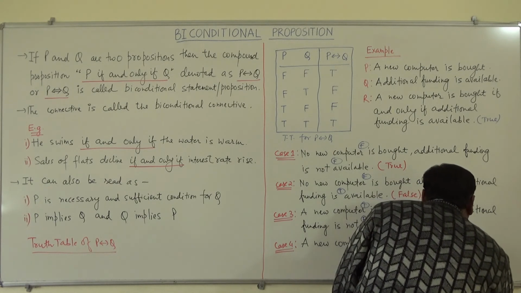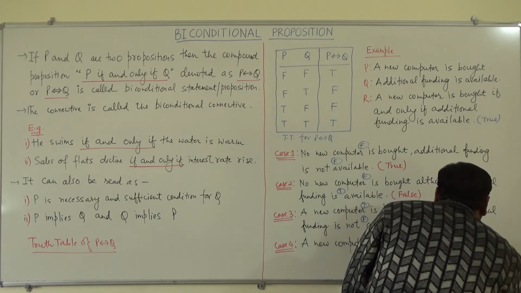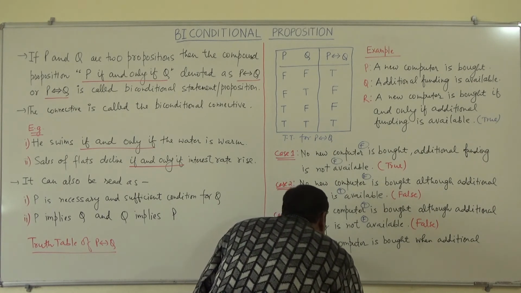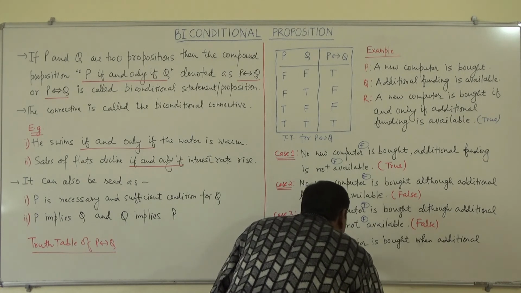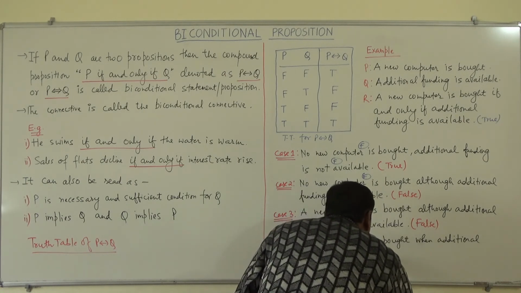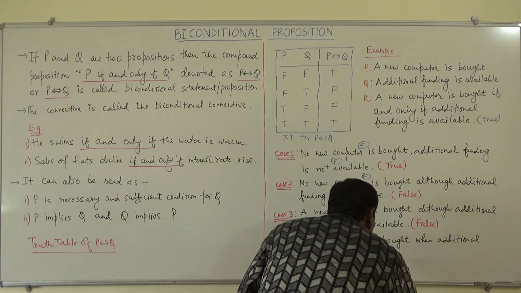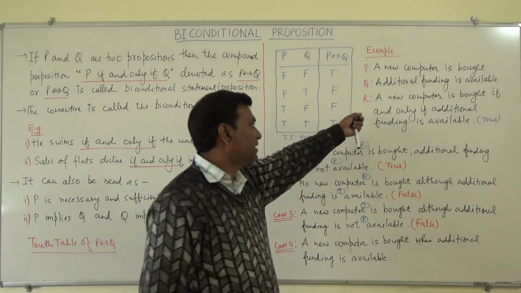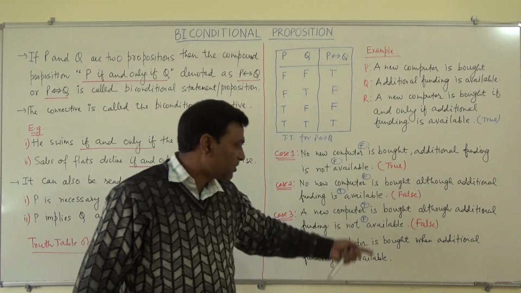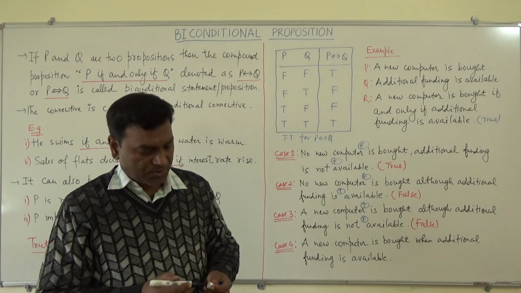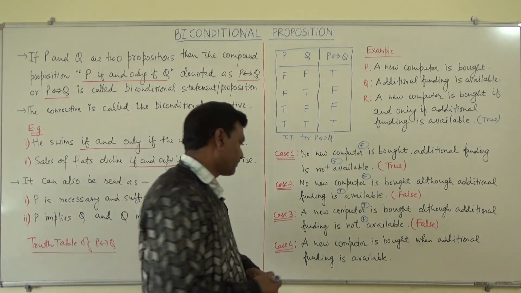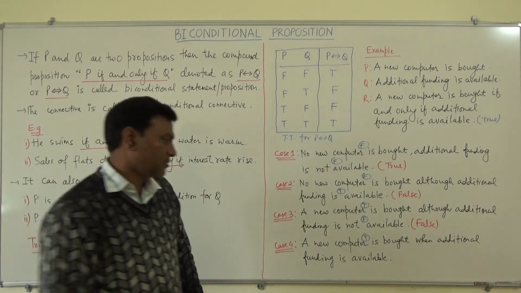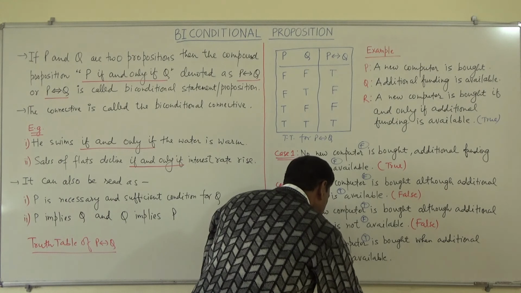So in this case 4, this is same as we have written here, because a new computer is bought, P is true, and additional funding is also available, so Q is also true.